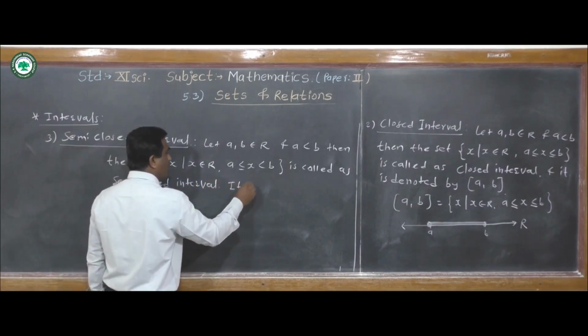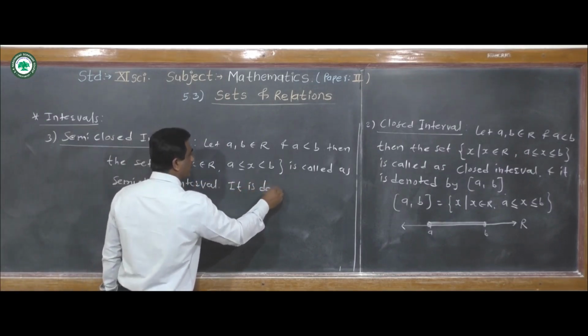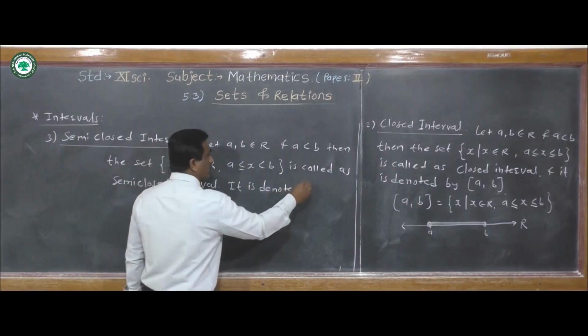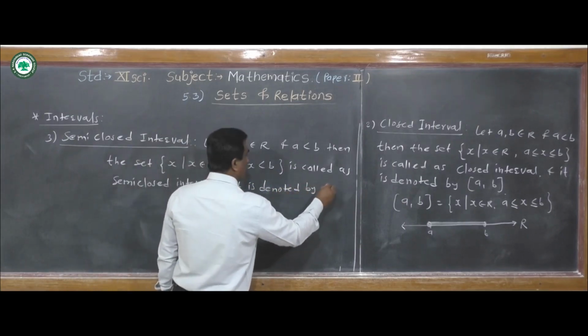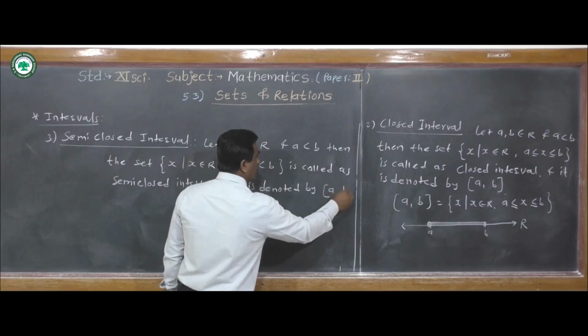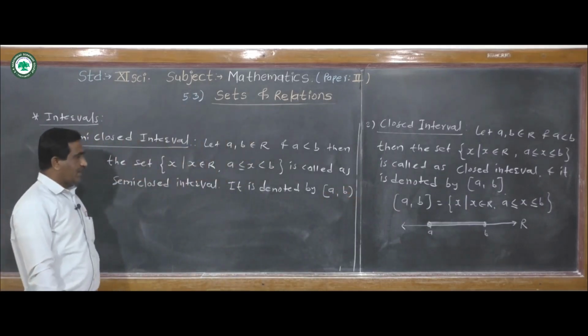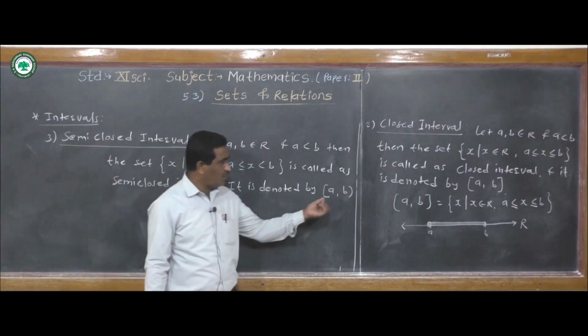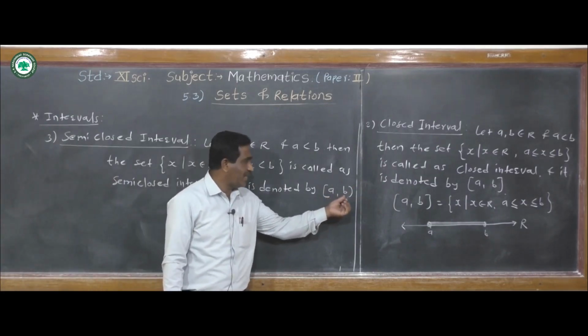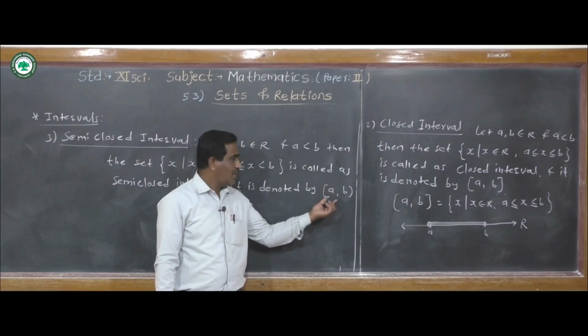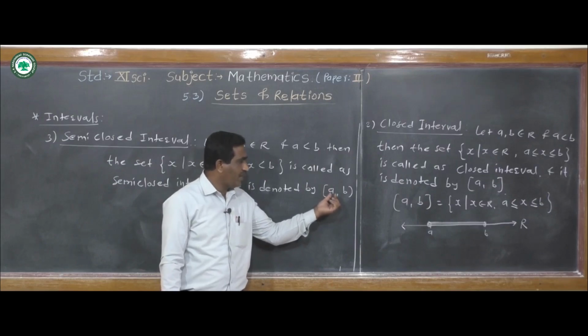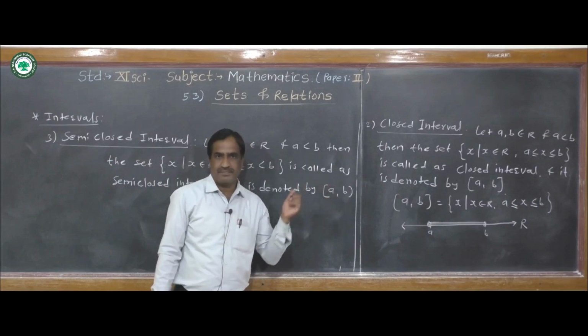It is denoted by [a, b). Here the values in between a and b lie in this semi-closed interval, and the value of a is also included in this interval.